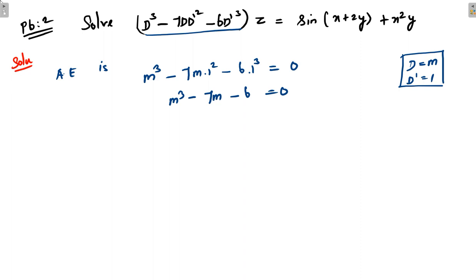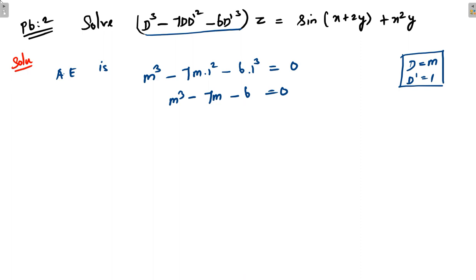What is the meaning of trial and error method? That means, in general, try to take m is equal to 1 or minus 1, 2 or minus 2, 3 or minus 3. So first try to find any one root by trial and error method.